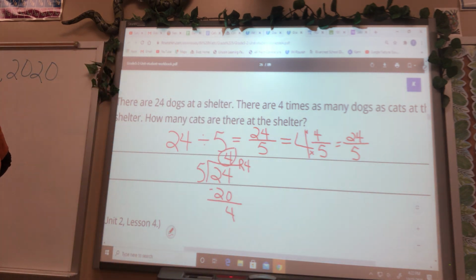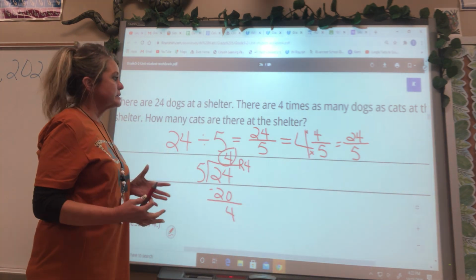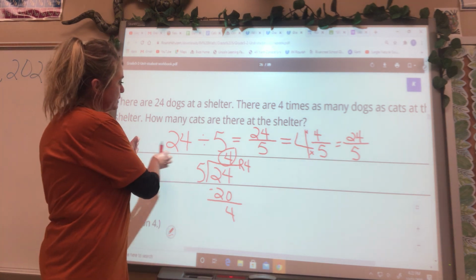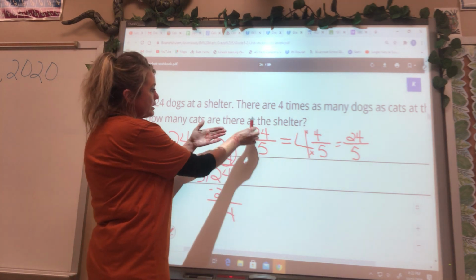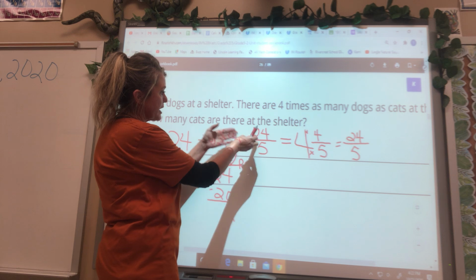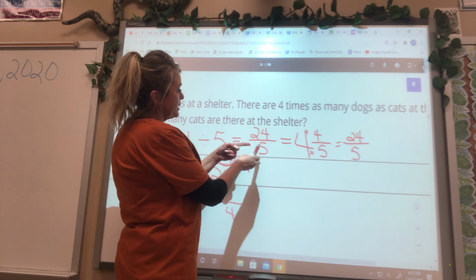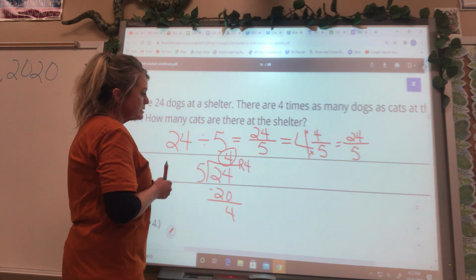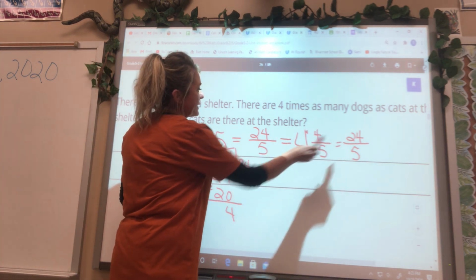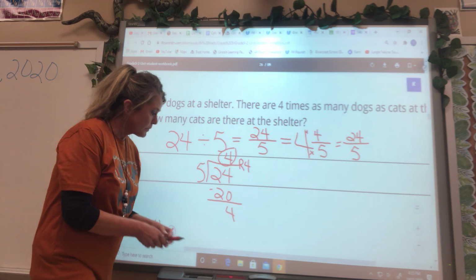So that's our main takeaway, is we just need to be able to see the relationship between an expression and a fraction. A fraction is nothing but division read from top to bottom. We can turn it into a mixed number and then back into an improper fraction.